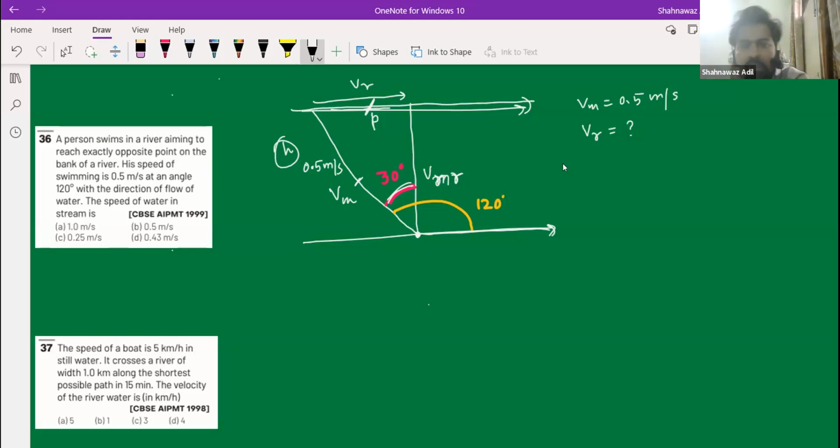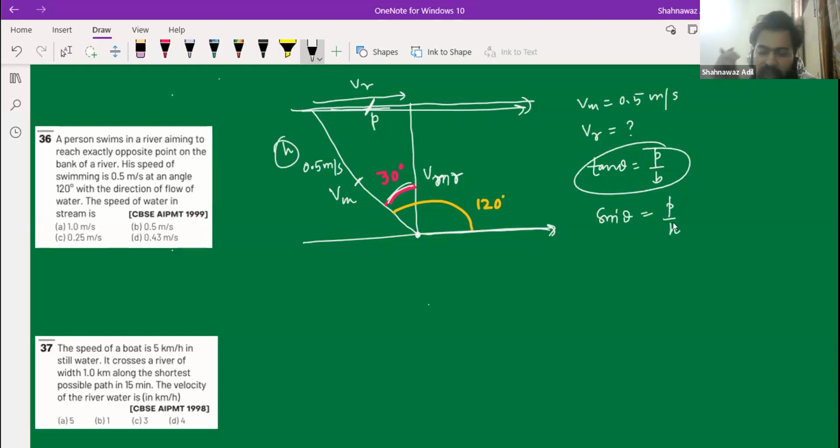Whatever the answer which is coming into your mind, just tell the answer, right? Tan theta. Oh, tan theta is perpendicular by base, right? Sin theta is perpendicular by hypotenuse. Yeah, so good that you have answered this.